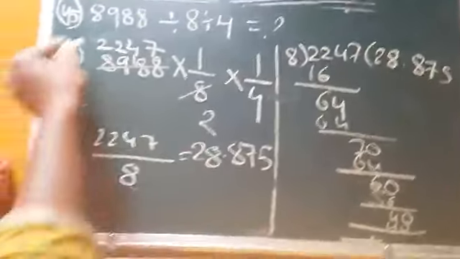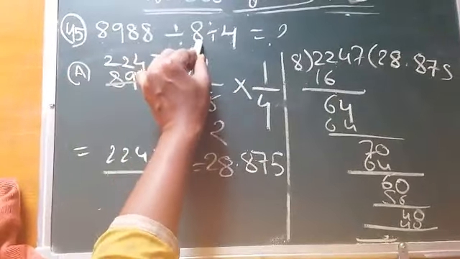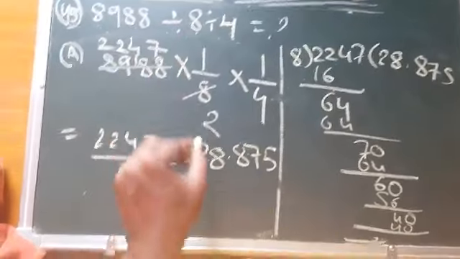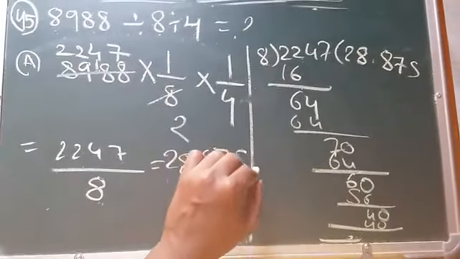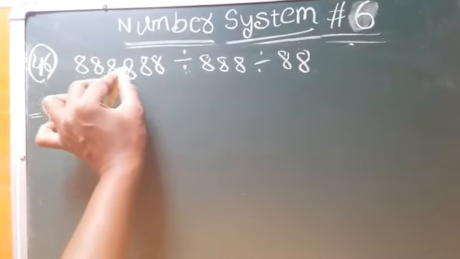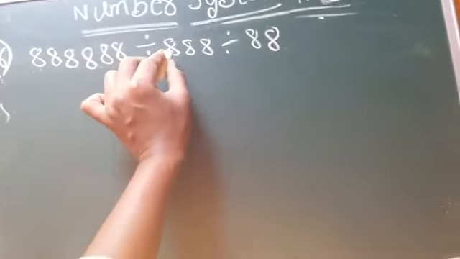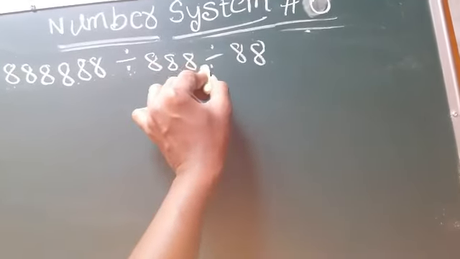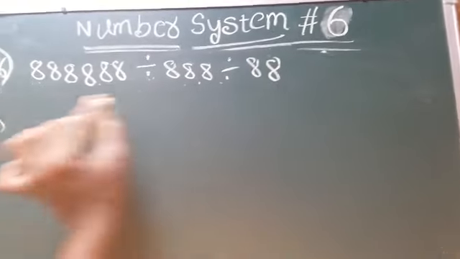That means 8988 divided by 8 and again divided by 4 is equal to 28.875. See the next problem: 888 divided by 888 and again divided by 88.